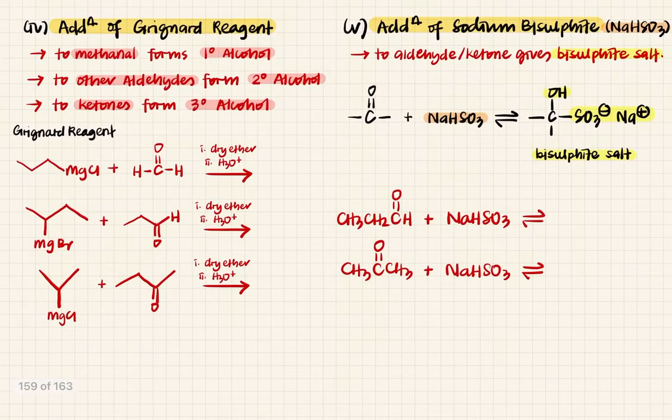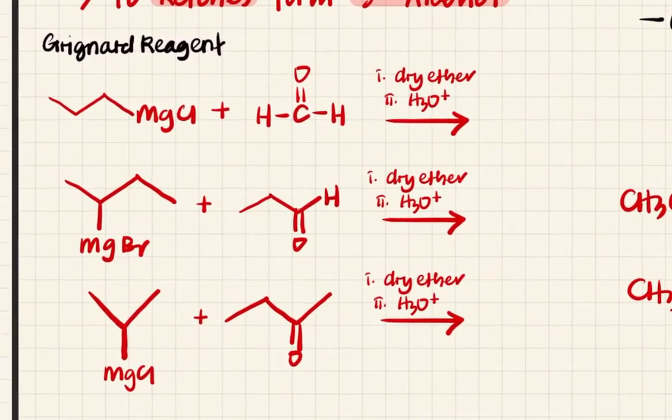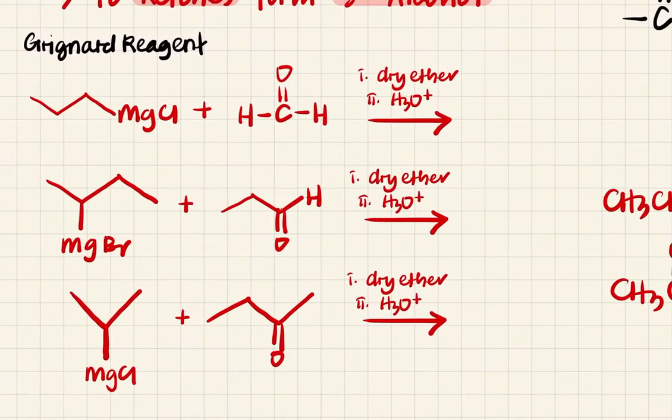Alright, so ini awak dah belajar in haloalkanes. So basically Grignard reagent plus methanol, in dry ether followed by hydrolysis, you will get primary alcohol, and so on. Yang ni I think you should be able to do it. Okay, here you have your Grignard reagents.